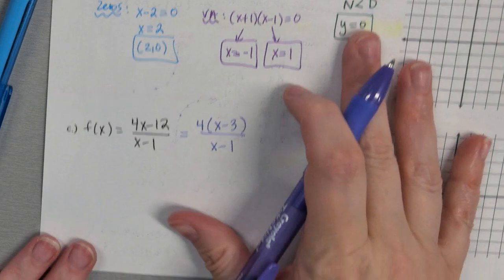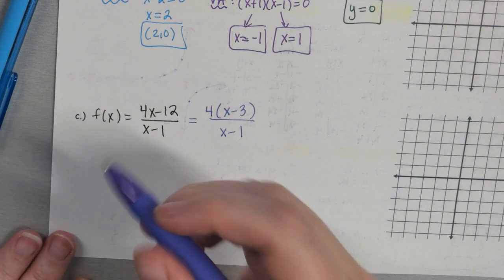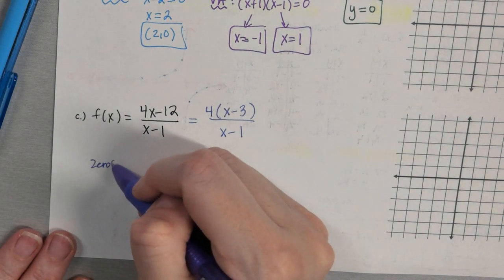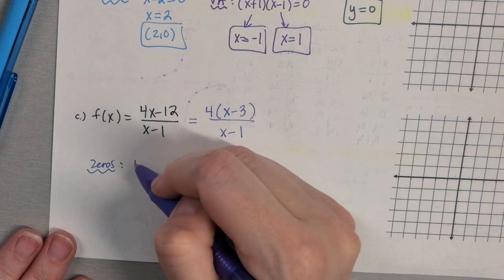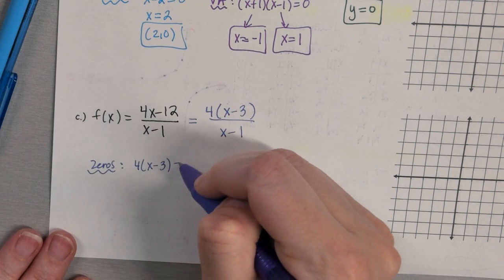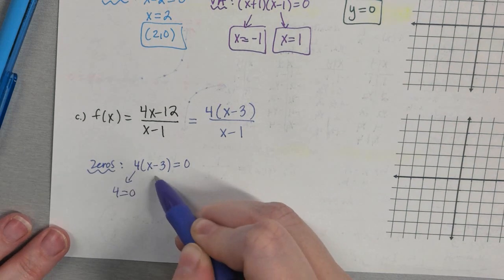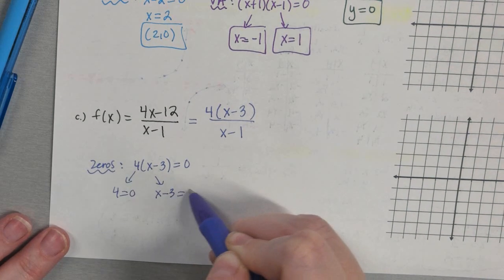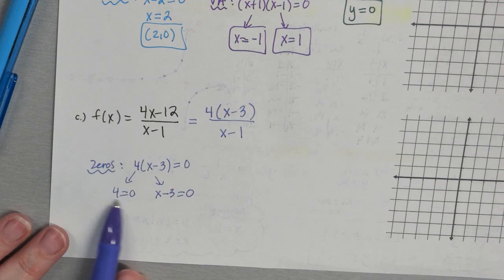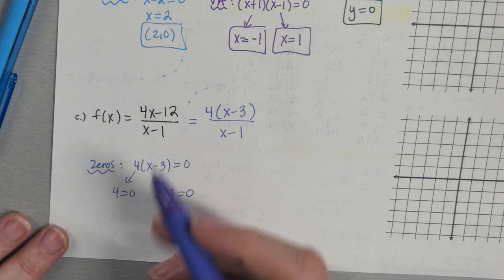And then, again, your steps are the same. So when you find your zeros, you set the numerator equal to 0. Now when you do that, 4 equals 0, x minus 3 equals 0. Can you solve this for x if it's just 4 equals 0?